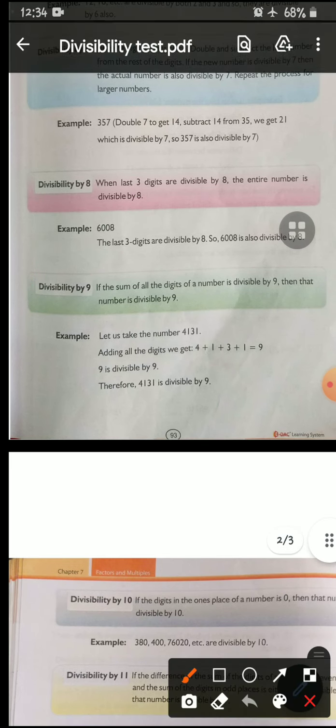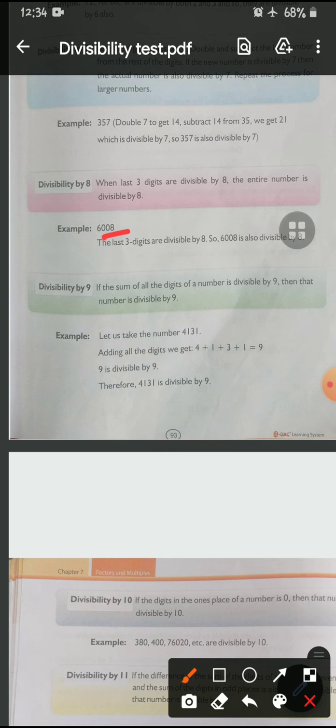For example, here 6008. In the 6008, the last 3 digits you have 008, which is divisible by 8. It means 6008 is also divisible by 8.